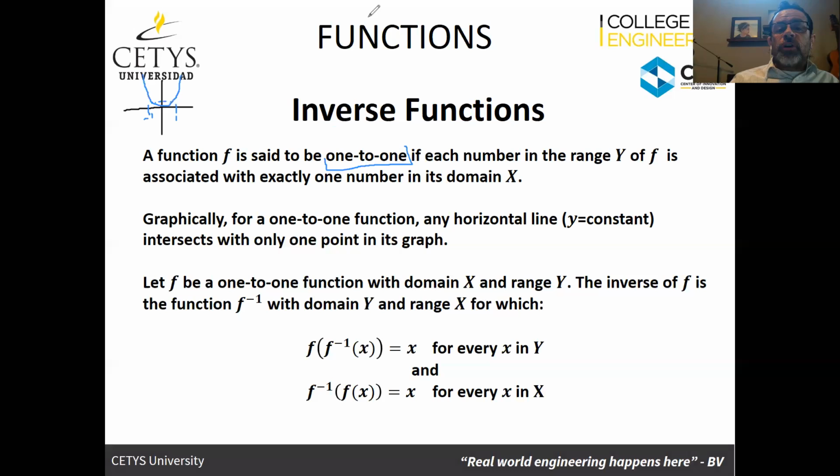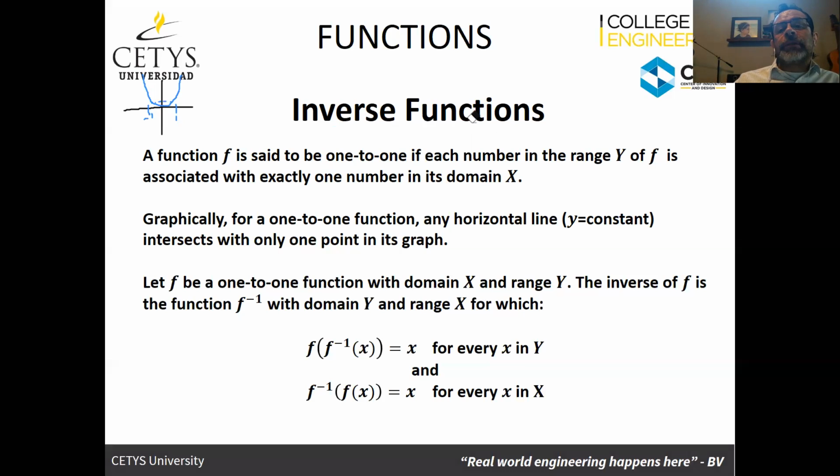However, with a one-to-one function, for every value of y there is only one value of x. So a parabola is not a one-to-one function, because for a particular value of y, there can be more than one value of x.